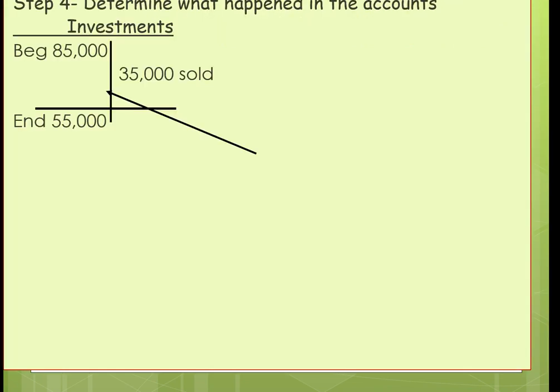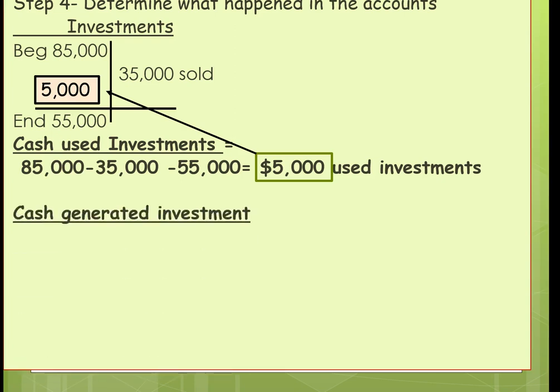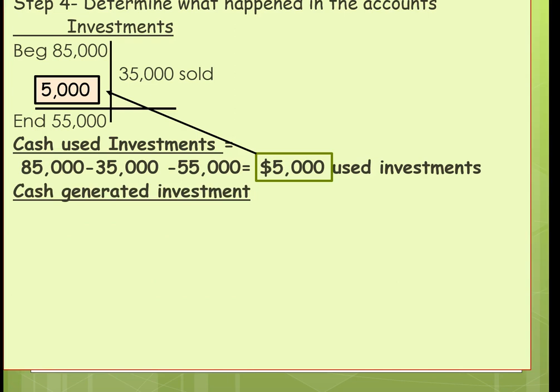All right, so now for investments, we know the beginning and ending balance, but we also know we sold something. So what number do we have to come up with for what we spent on investments? And the answer is $5,000, because that's what you need. So if you take 85 plus 5 minus 35 gives you 55. Always check.